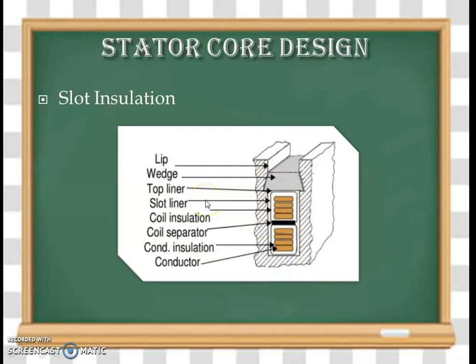We require different insulation levels. It is indicated as a top liner, slot liner. We have coil separators. Coil insulation is also required. So this way we have to consider slot insulation, and at the same time, considering slot insulation, we consider space factor, which will again decide the area of the slot.